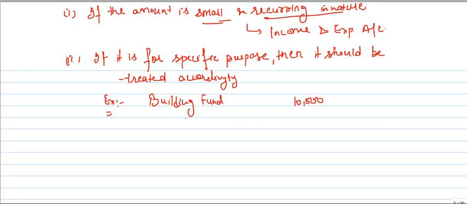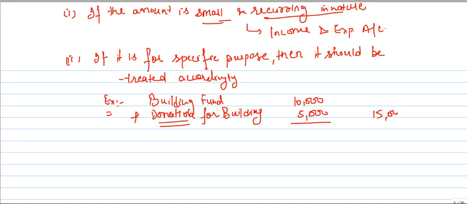Now you receive donation for this building. Right? Now this donation is for a specific purpose. Now if it is for a specific purpose, then this donation will be added to the building fund. Say 5,000 rupees. Your total building fund will be 15,000 rupees.